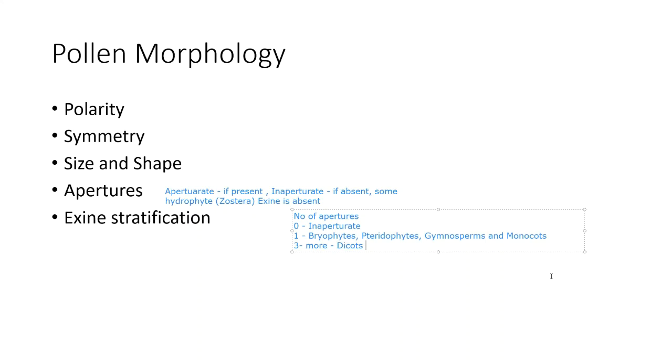But this term is not usually utilized, only the number is mentioned, and 3 or more in the case of dicots. Okay, so out of 5, we have already completed 4 parameters for pollen morphology, and now we come to the last parameter, that is exine stratification.